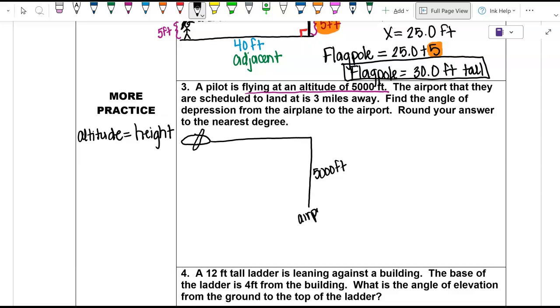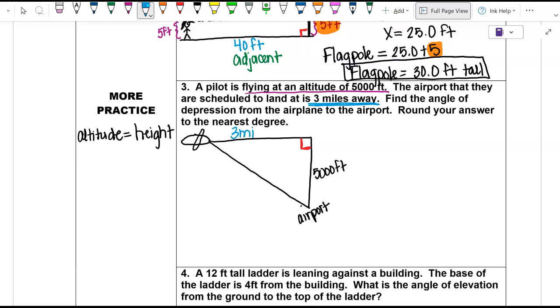And we're going to some airport. Now, obviously, I'm going to finish off that right triangle. My right angle is now at the top. Now, they tell us the airport that they are scheduled to land at is 3 miles away. That is giving us our horizontal distance. That is this distance here.